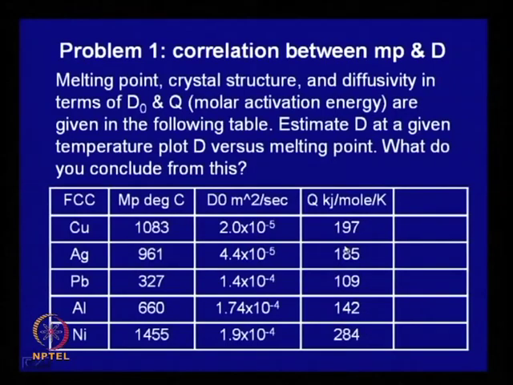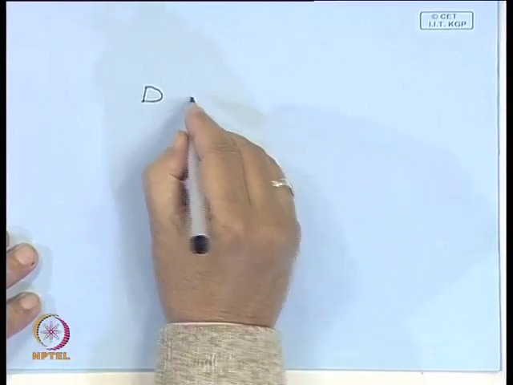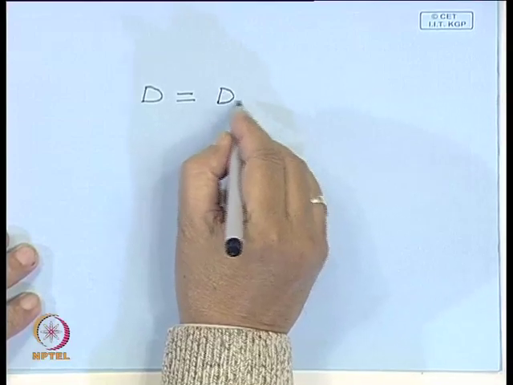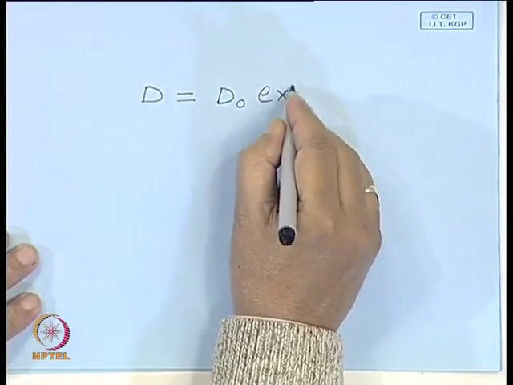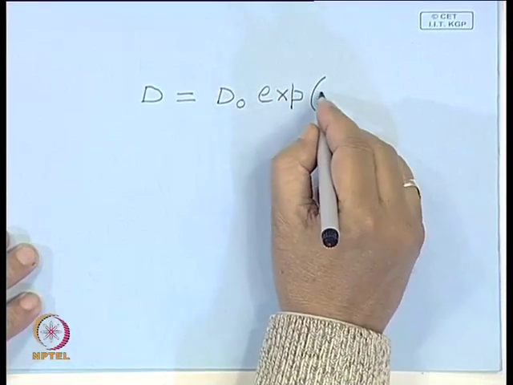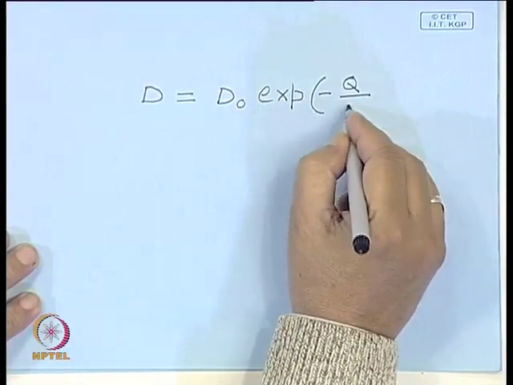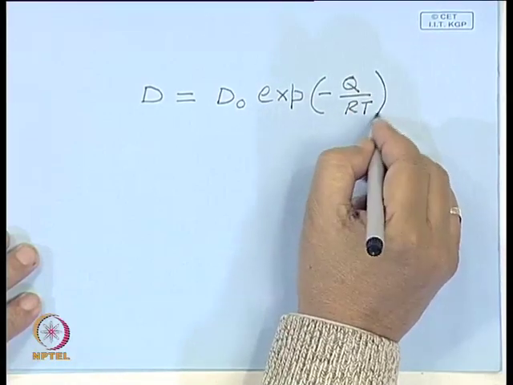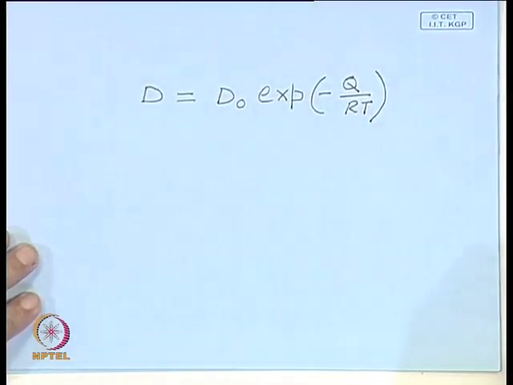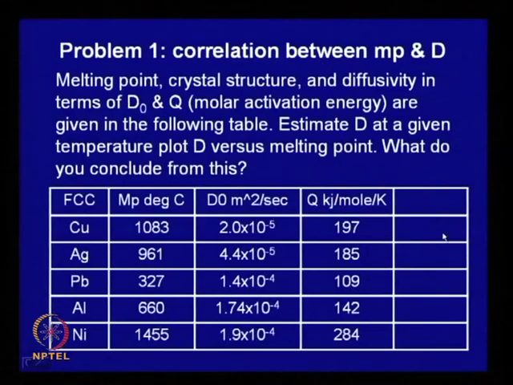And what you need to do, you know that D is given as D naught exponential minus Q over RT. So, you can set this calculation very easily in a spreadsheet. You can write the expressions over here and then estimate D for a particular temperature.